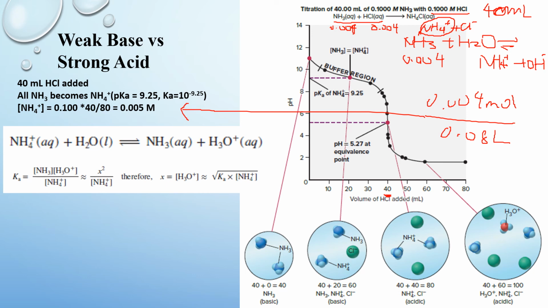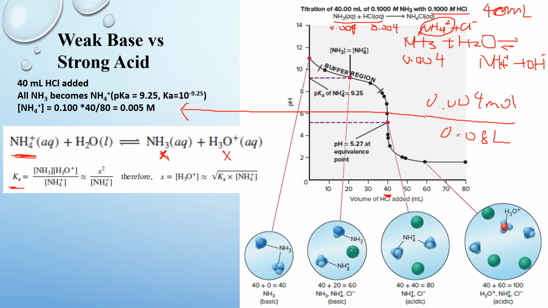So at the equivalence point, the pH only depends on the amount of proton generated from ammonium. So we just calculate from the concentration of the ammonium ion. Using its Ka value, we can set this equal to x. Calculate x, that's the proton concentration, and convert that into pH.